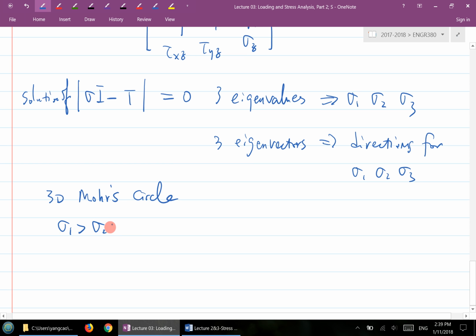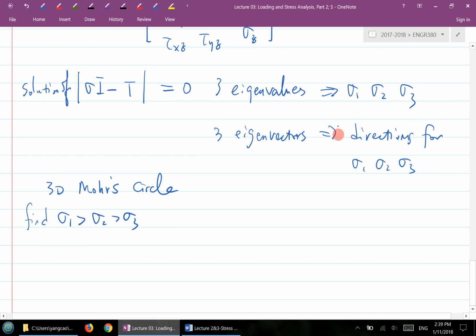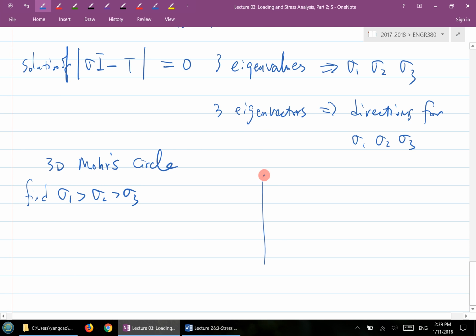You first find the three principal normal stresses by solving for the eigenvalues of the 3x3 matrix. Once you find them, you are ready to draw the 3D Mohr's circle. Label sigma 1, sigma 2, and sigma 3 accordingly on the Mohr's circle coordinate system.